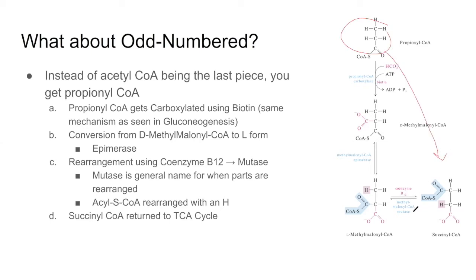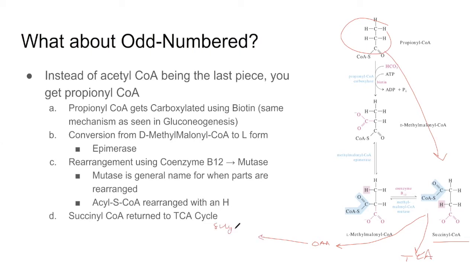So this part then enters the TCA cycle. But instead of entering like acetyl-CoA, where it has to combine with oxaloacetate to make citrate, this succinyl-CoA actually enters midway through the TCA cycle. And so this is particularly useful. But also another thing you should notice, succinyl-CoA can be turned to oxaloacetate via the TCA cycle, and then this oxaloacetate can be turned into a sugar.